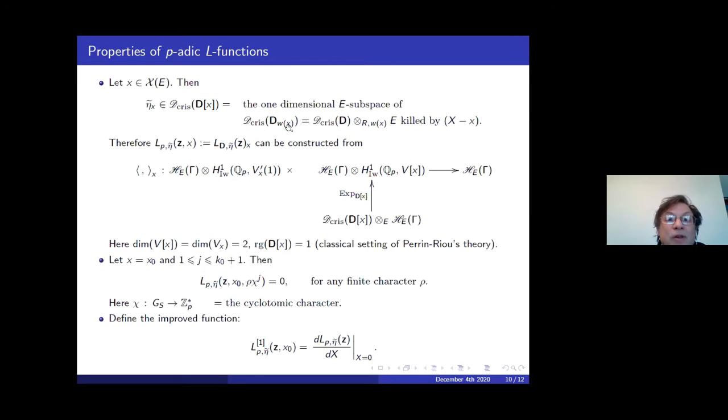Recall that W of x denotes the weight of x. The one-dimensional subspace is killed by the local parameter at x. This means that, in fact, the specialization of our two-variable P-Adic L-function can be constructed by a usual procedure.